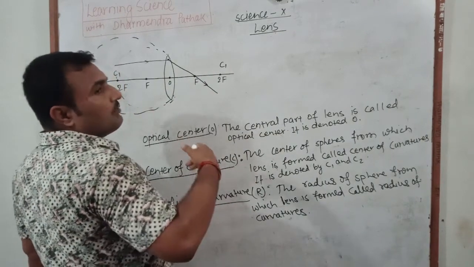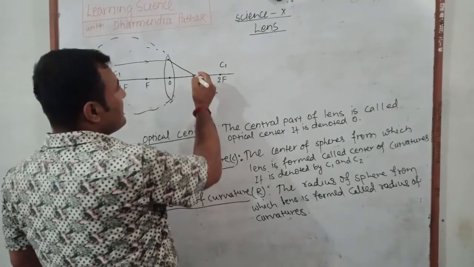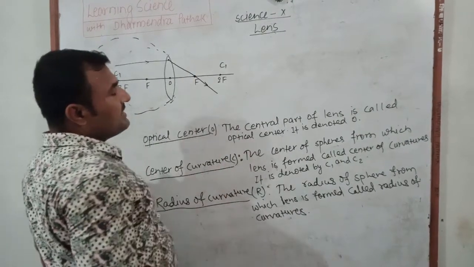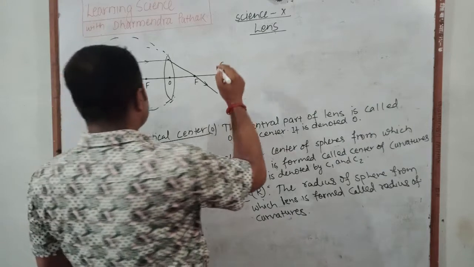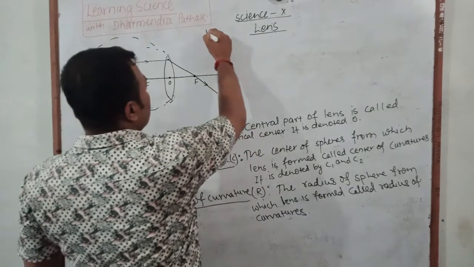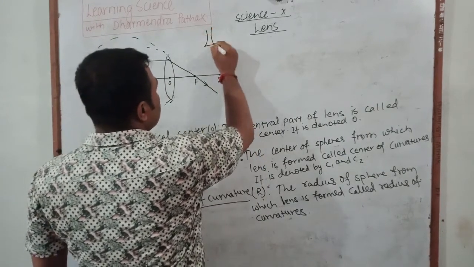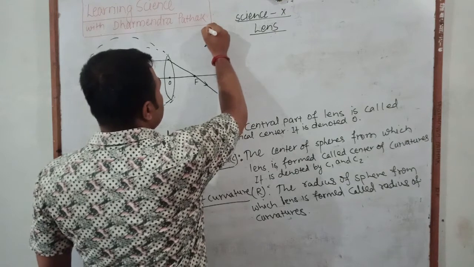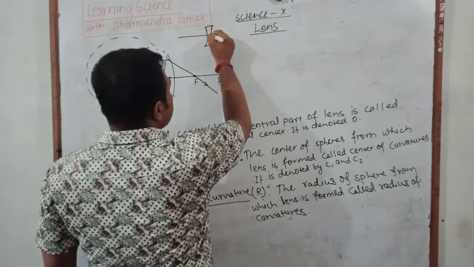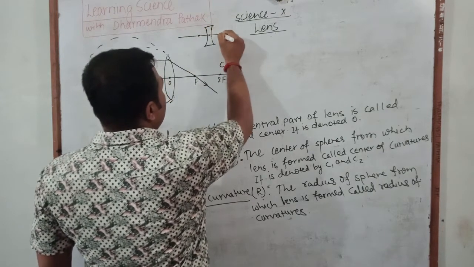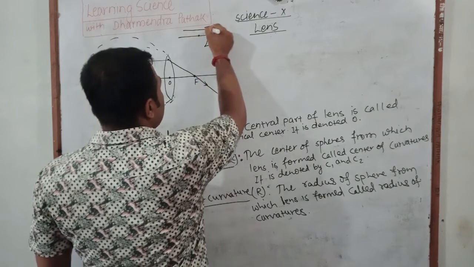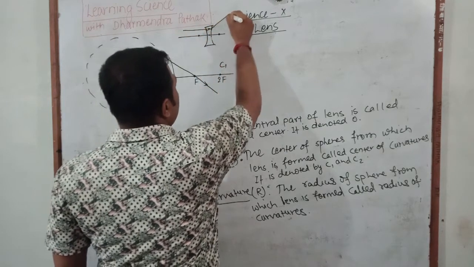When the lens is a converging lens, we can call it the converging point. When the lens is a concave or diverging lens, it is called a diverging point. In both types of lens the principal focus is found, and it helps to diverge or converge the rays of light.